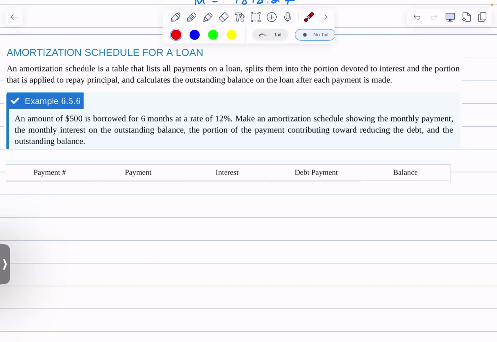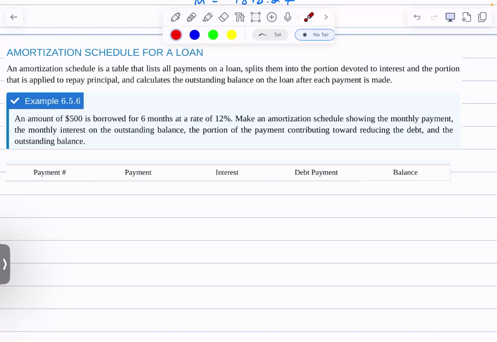So an amortization schedule is a table that lists all payments on a loan. It splits them into the portion devoted to interest, because the bank says you committed to paying this interest, and whatever's left over goes towards paying off your loan.